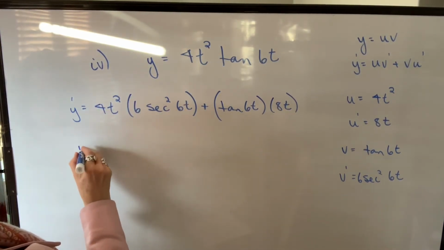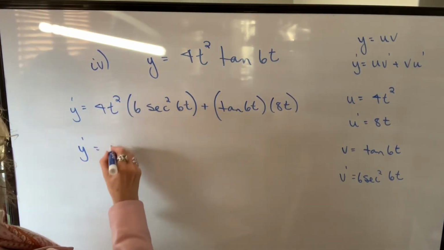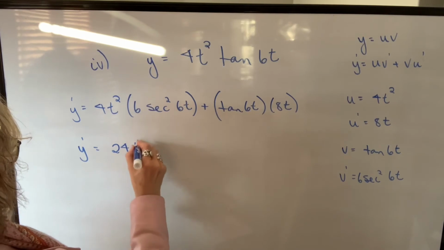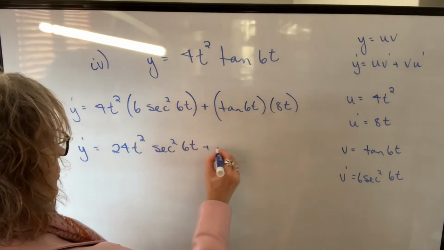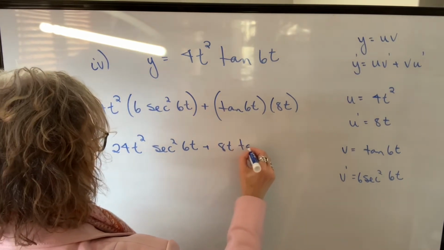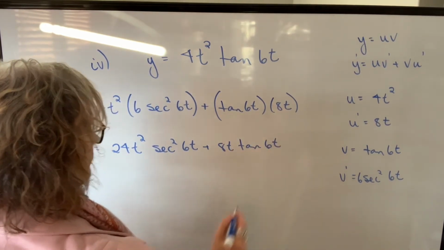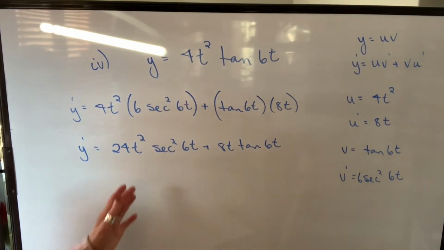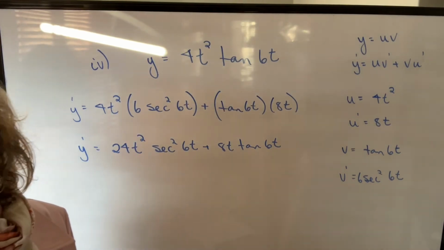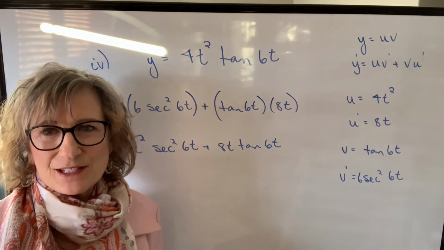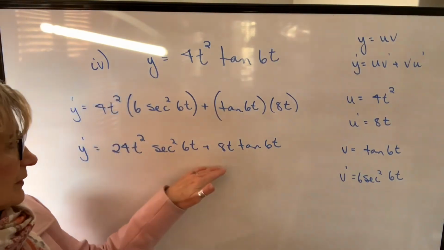I just clean this up a little bit. 4 times 6, so I've got 24t squared secant squared 6t, plus 8t tan of 6t. And there's really no simplification. I mean, some people might want to factor 8t out, but really it's not going to be any simpler if we do. So I would leave it like this.